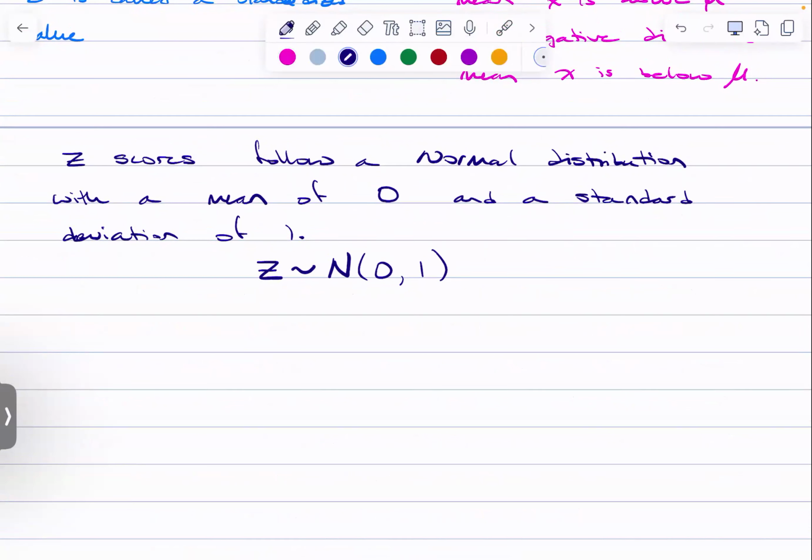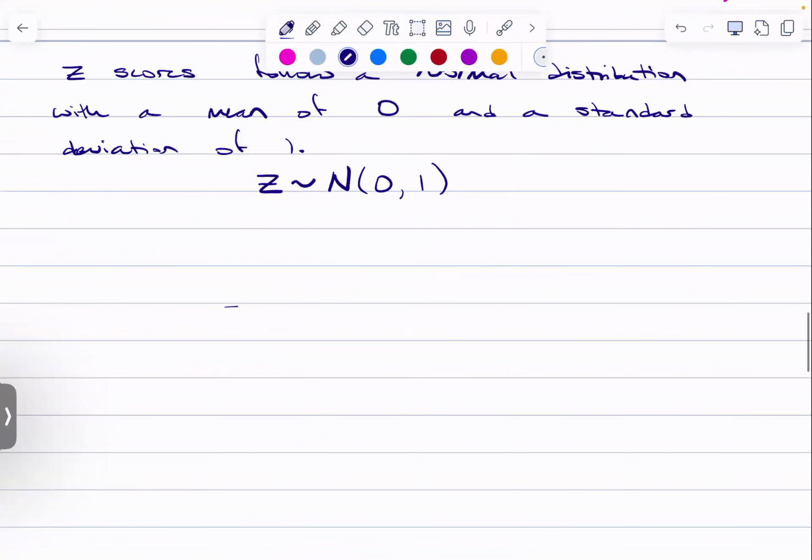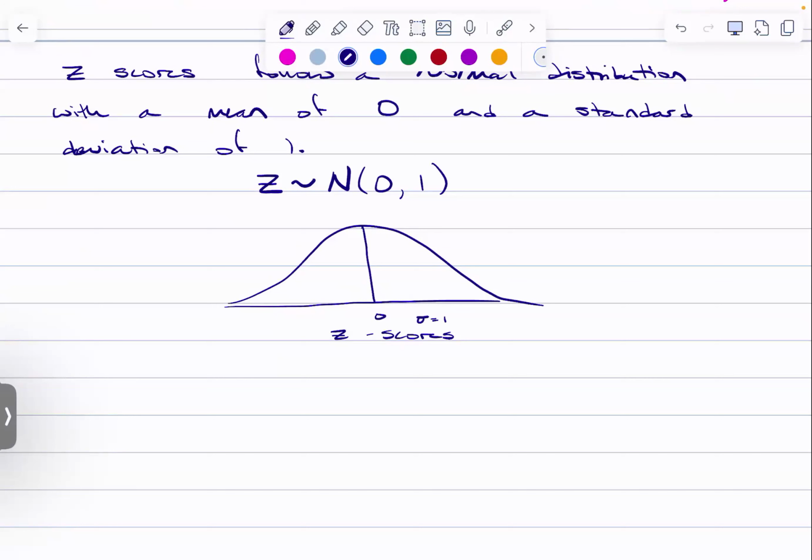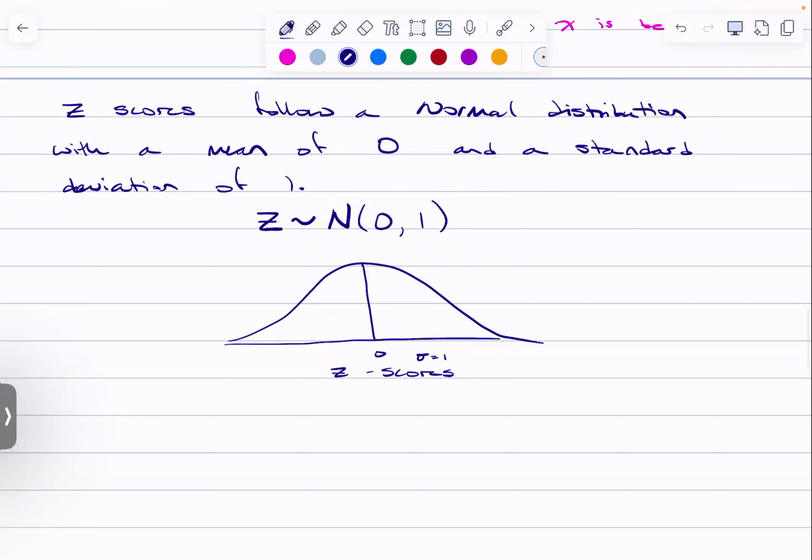Where was I? So the Z distribution, we know the shape, right? We've got our Z scores here. It has to be centered on 0, and the standard deviation is 1. So Z tells us how many standard deviations from the mean we are.